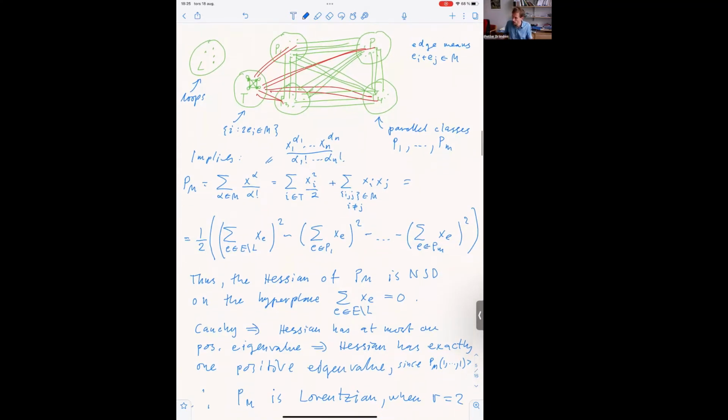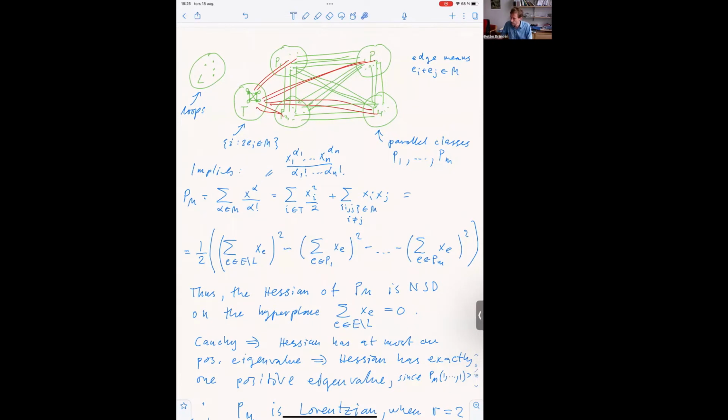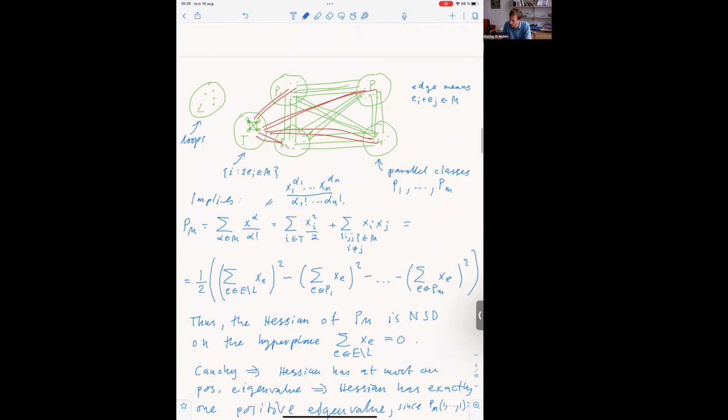So if we want to do this for a rank 2 set, since we now have rank 2, the only ones that get something in the denominators are the ones in T. For them we get xi squared over 2.